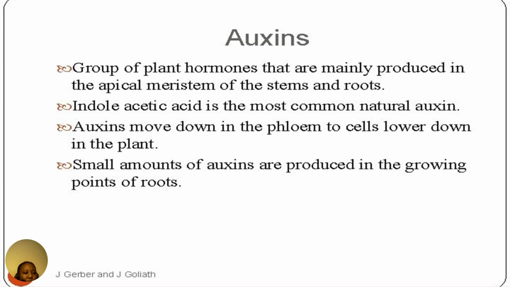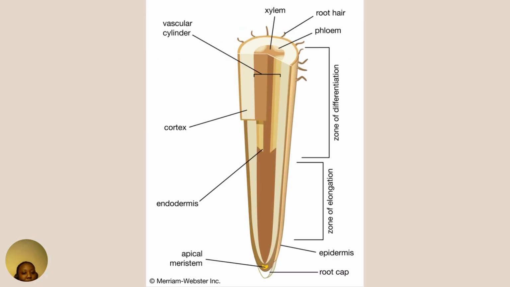Auxins promote growth. Auxins are a group of plant hormones that are mainly produced in the apical meristem of stems and roots. If you're looking at that slide, you'll see where the apical meristem is.